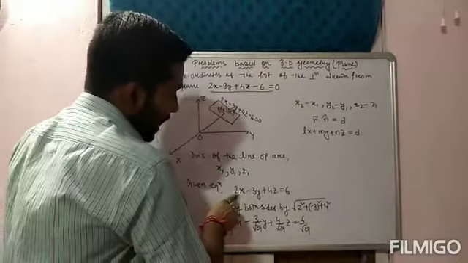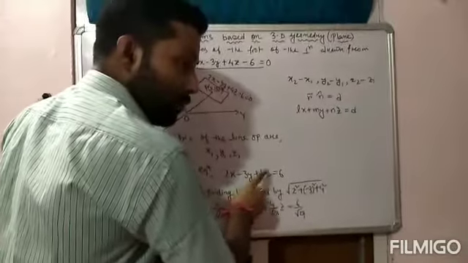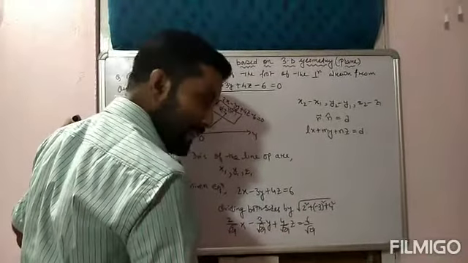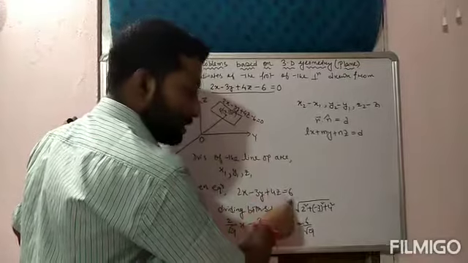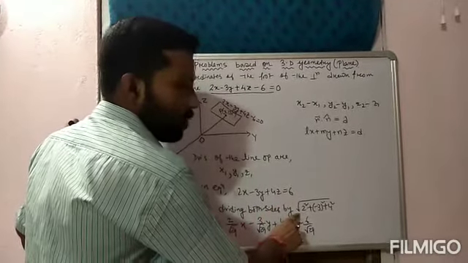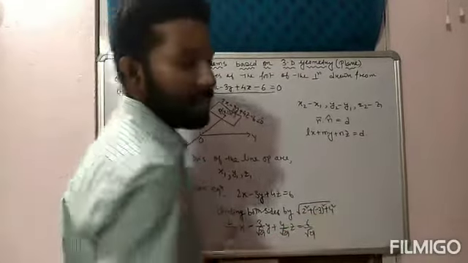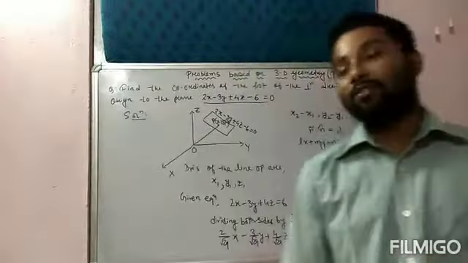Don't get confused. यहाँ पे 2 minus 3 4 जो है वो LMN का वैल्यू नहीं है. LMN का वैल्यू फाइंड आउट करने के लिए you have to divide both sides by under root coefficient of x square plus coefficient of y square plus coefficient of z square. Then only we can find the values of LMN, right? Okay.